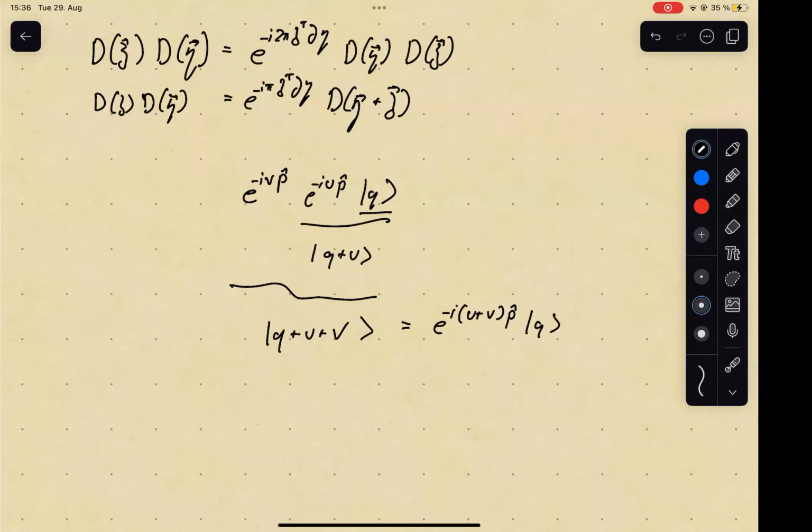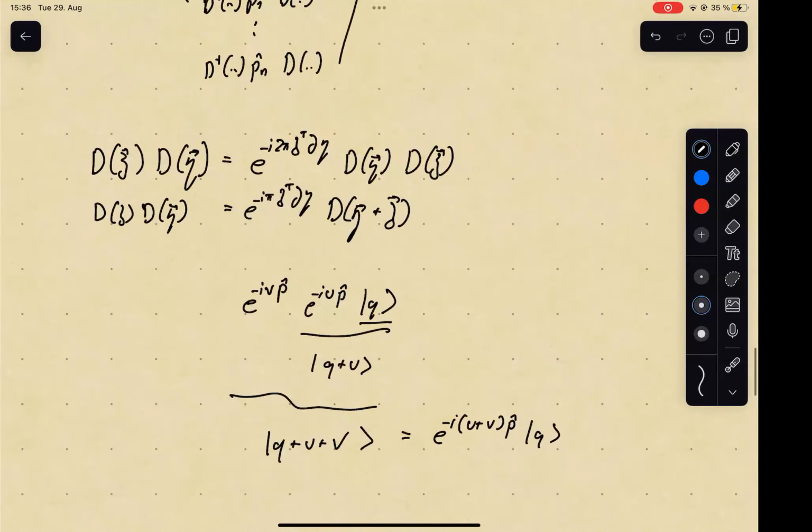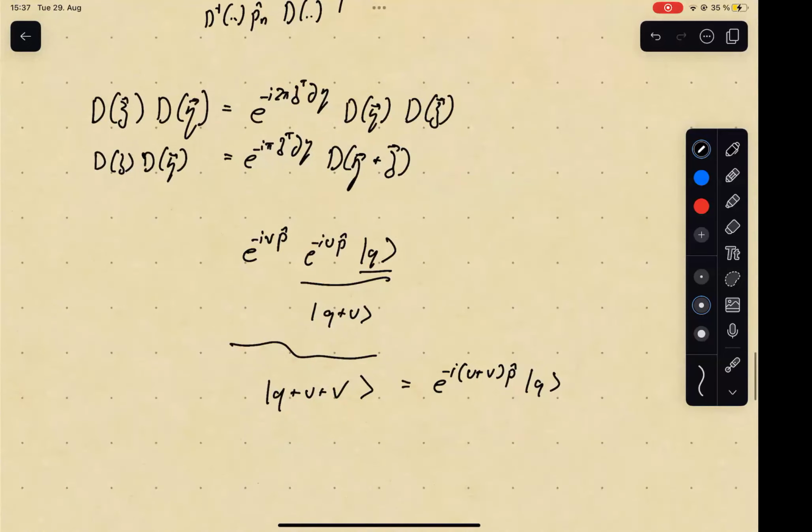No, this is very important because the point is really that the displacement operators take the not very well physically justified situation of the operators Q and P into two operators that are physically sensible.